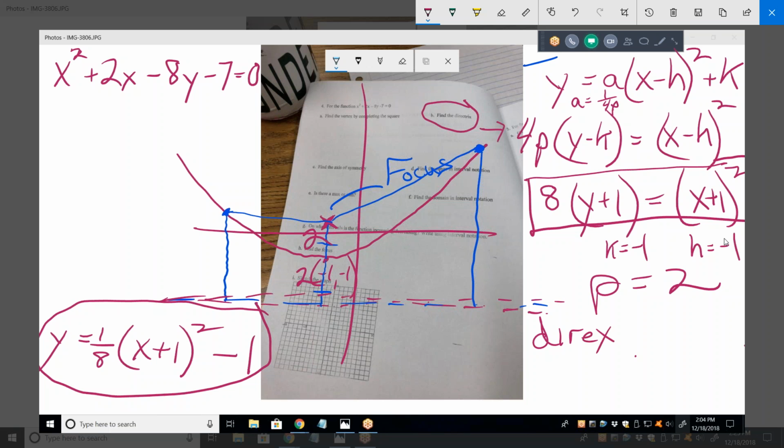The blue dotted line that I've drawn, covering up now with red. What would be the equation of that? y equals k minus p, or the one. You're close. You're really close. It's y equals, because it's a horizontal line, and it's the equation of a line. So we need y equals some number. What's that number? The y equals. It's 2 units below the vertex.